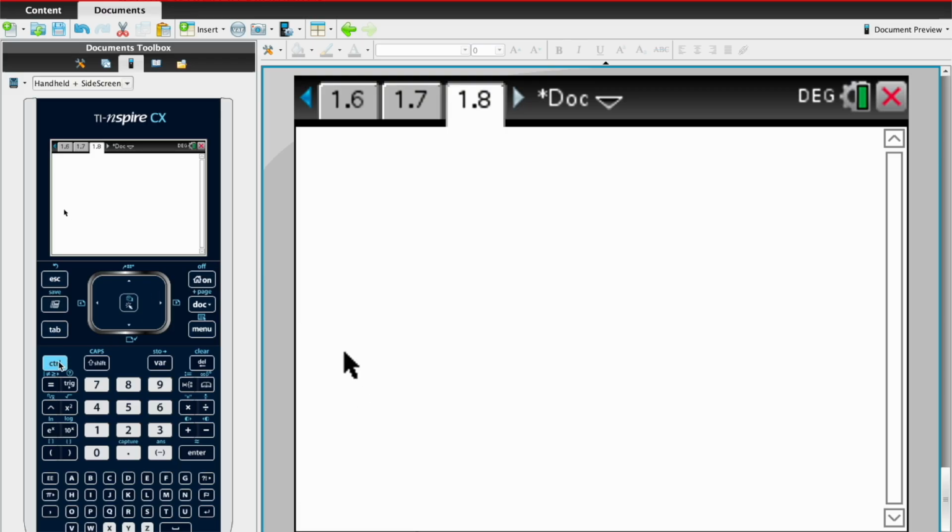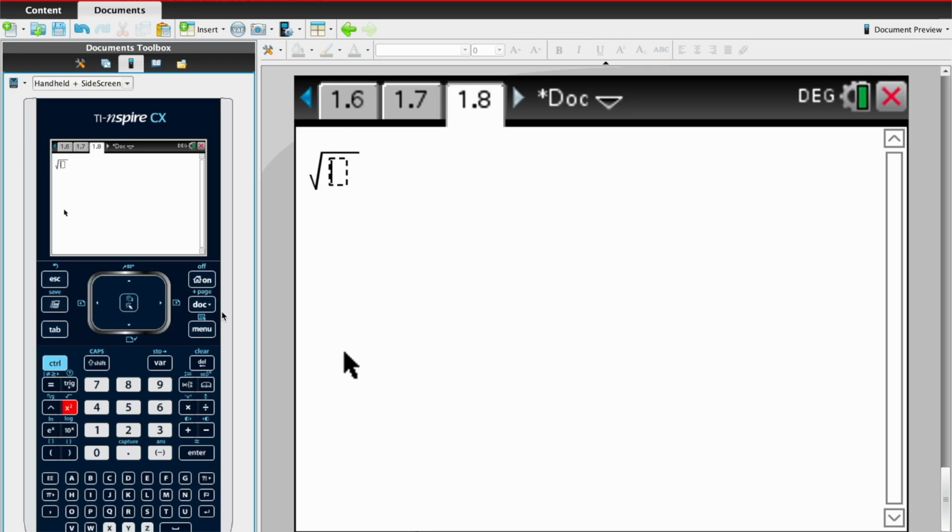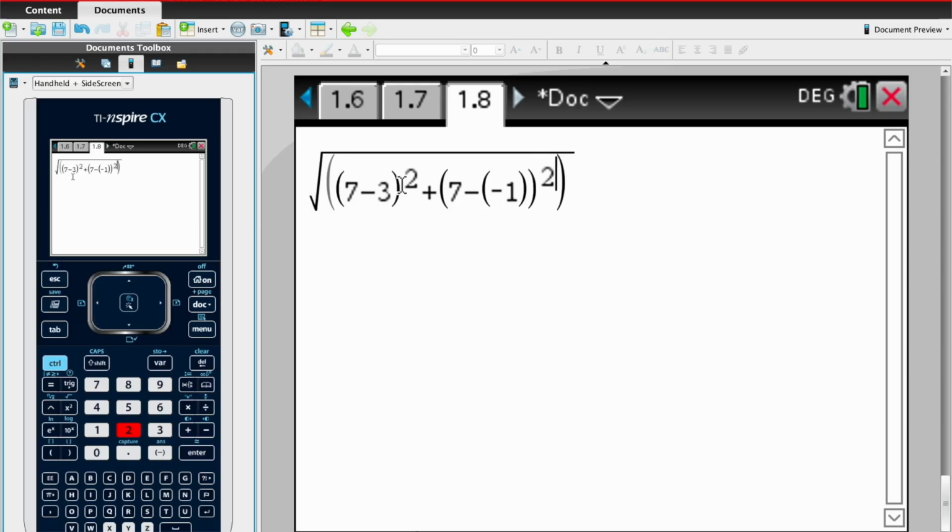Okay, so let's go to the calculator and work this out. Set up a square root, and I'm actually going to use brackets and that original without simplification, just to show you what it would look like if you needed to write it out with the brackets, -1 and so on. And this is squared. 7 minus 3 squared, 7 minus minus 1, squaring this all right here.